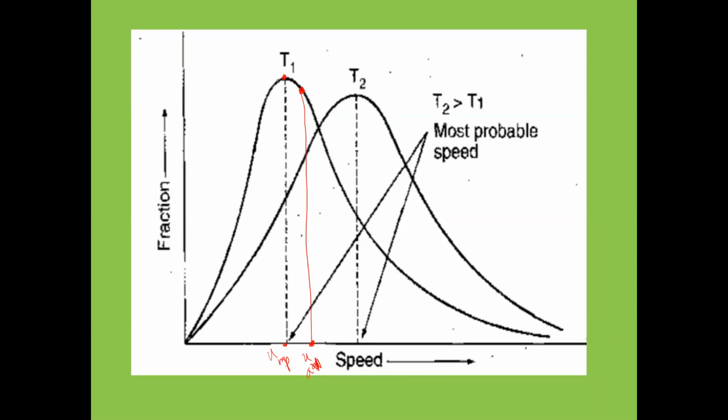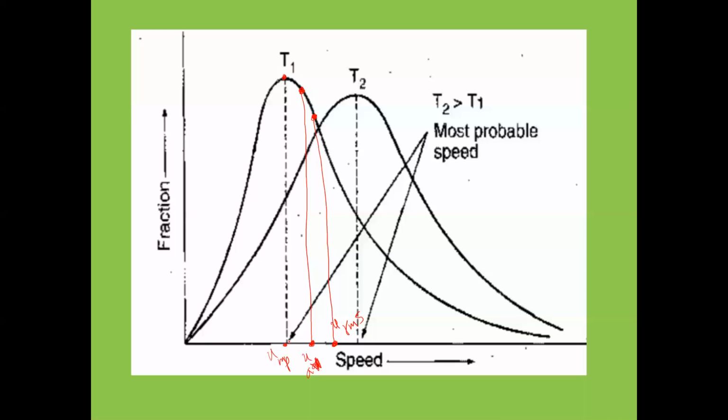After this, at another point on the same curve, this is U_rms, the RMS velocity. So RMS velocity, average velocity, and most probable velocity.